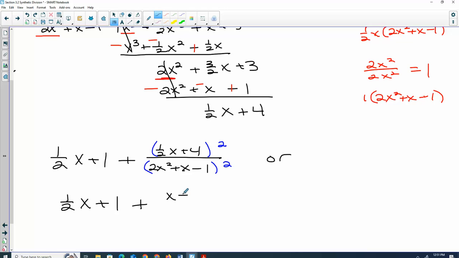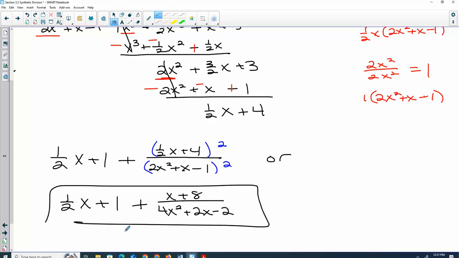So then I would have x plus 8 over 4x squared plus 2x minus 2. And again, the only reason I did that is because I had a fraction and a fraction, and it just looked ugly. I was cleaning that up. And it's always legal to multiply both the numerator and denominator by the same thing.